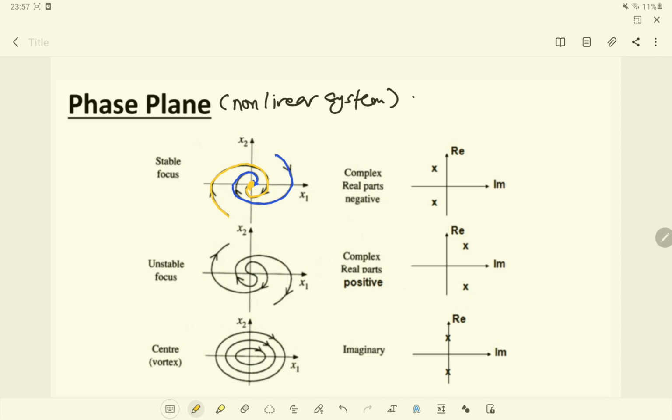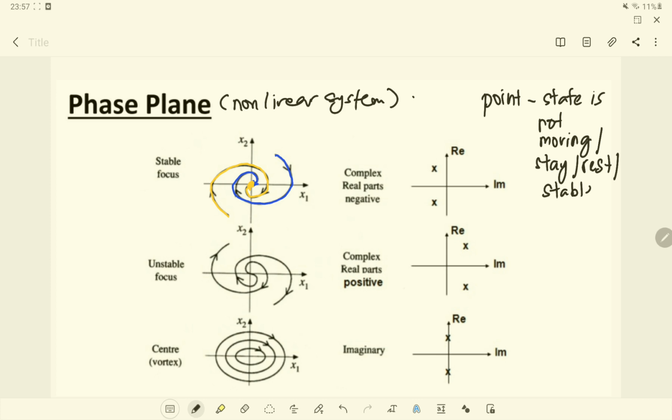So the equilibrium point is the state, the point, where the state is not moving, or stays, or rests, or is stable.